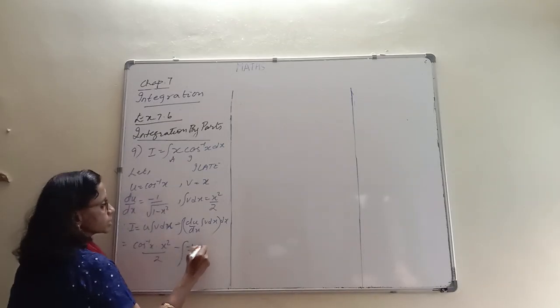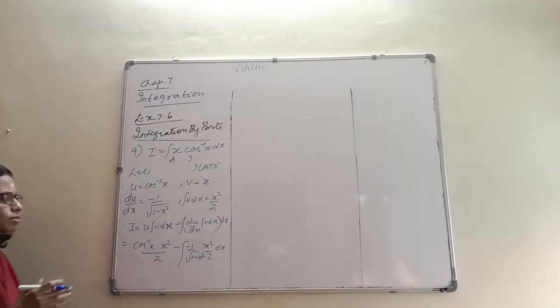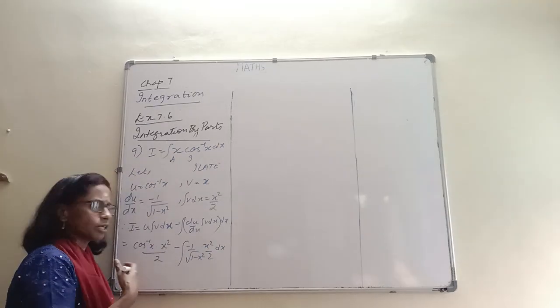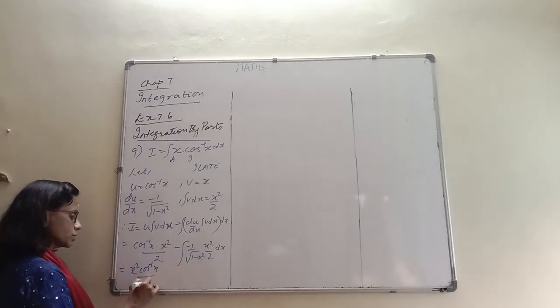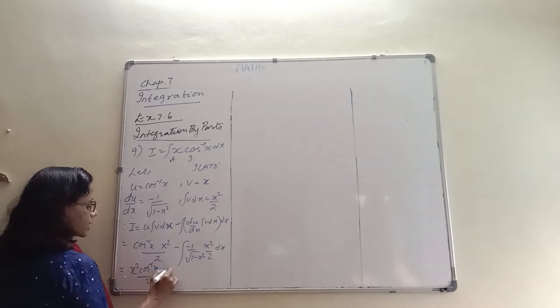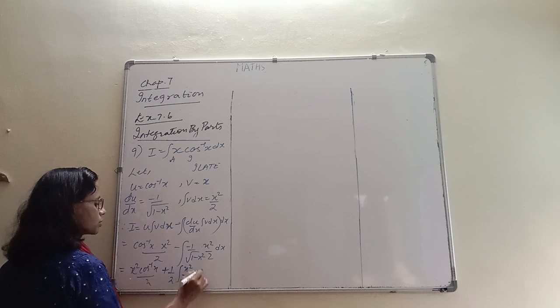Now we make the necessary changes, like taking the negative out and the 2 out. Here it is x squared cos inverse x over 2, the first part, and the second part, after you take the negative out and the half out, you have x squared over root of 1 minus x squared dx.